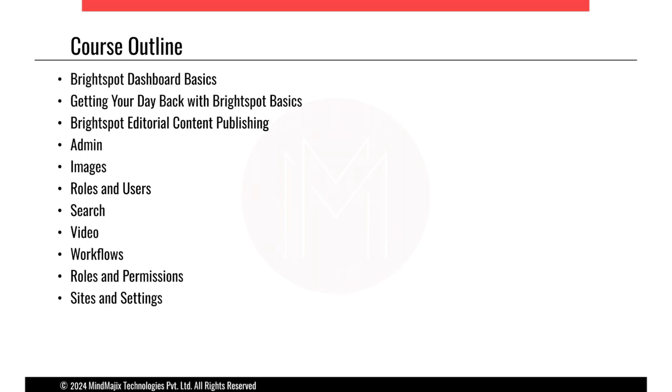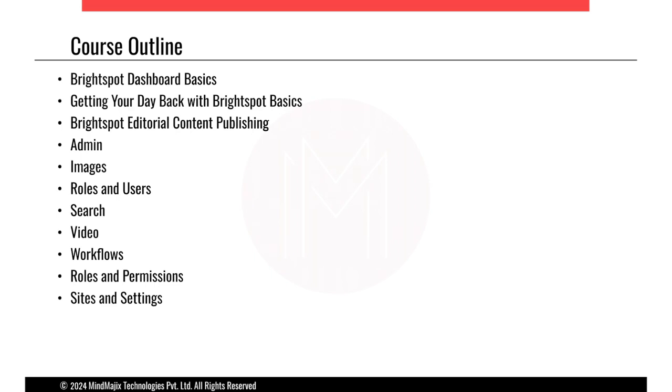Here is the course outline, like what are the things we are going to learn. Basically, we have Brightspot dashboard basics. So we will learn what features we get on the Brightspot dashboard, getting your day back with the Brightspot basics. Brightspot editorial content publishing: here we will learn about publishing the content.